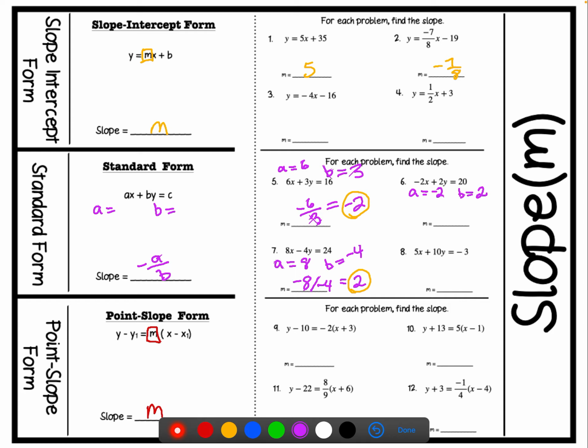So to find the slope, we need to use this formula here and take the opposite of a, so positive 2, divided by our b, which is 2. 2 divided by 2 is 1. So the slope of negative 2x plus 2y equals 20 is 1. All right? See if you can complete number 8.